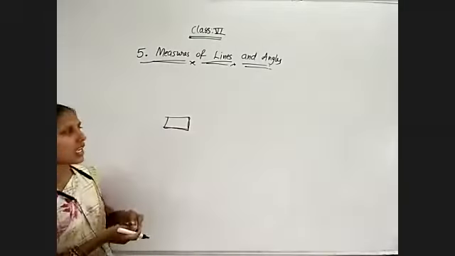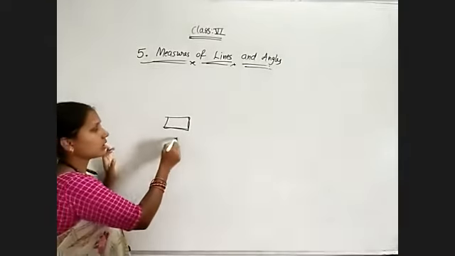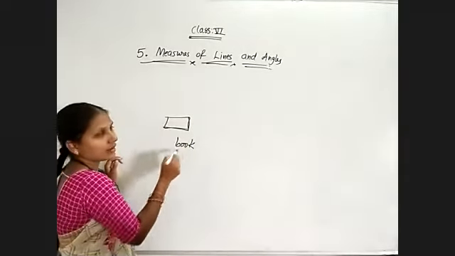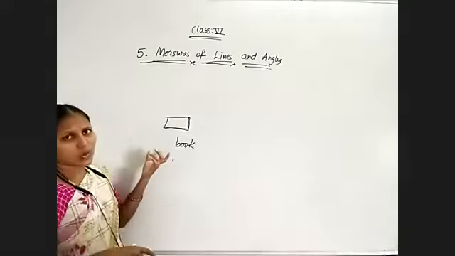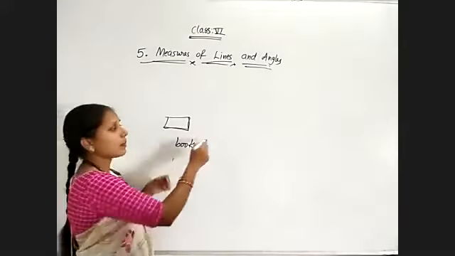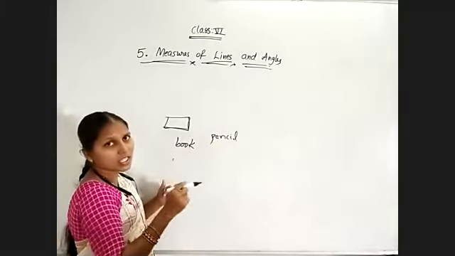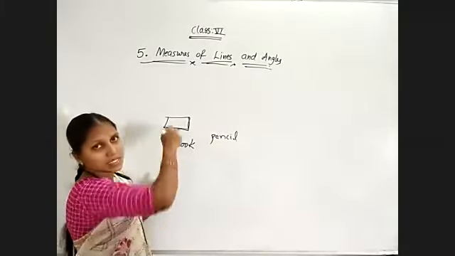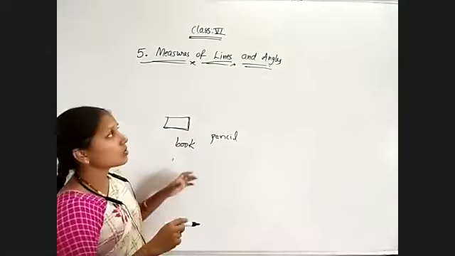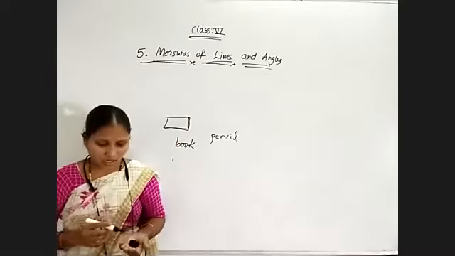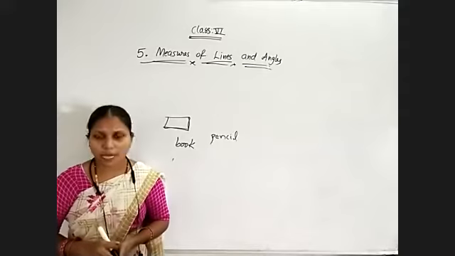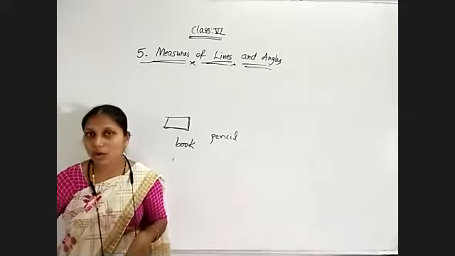Like that, take any object, take your book and find out its length by using your scale. Take a pencil, find out the length of its edge. That is nothing but measurement of a line segment only. So that is the activity portion. You just try, okay? And now coming to the exercise problems.